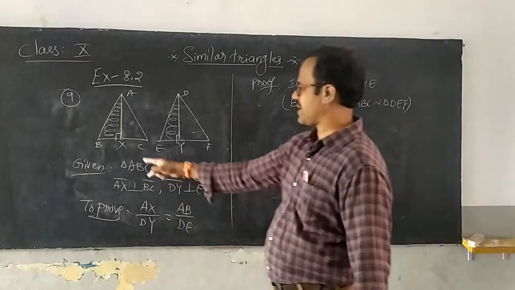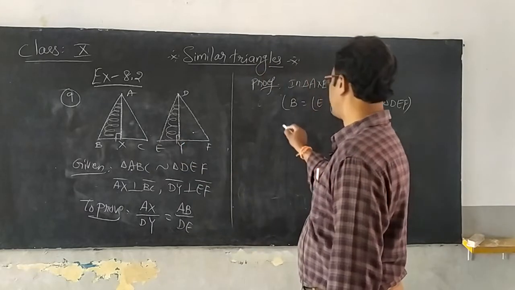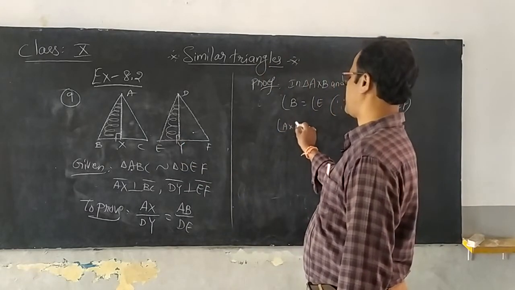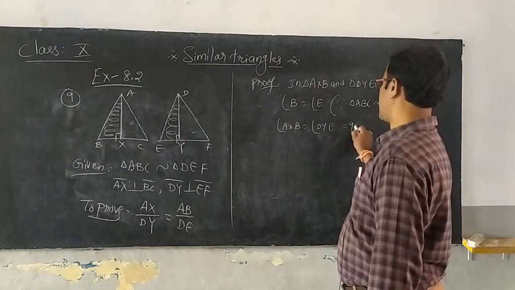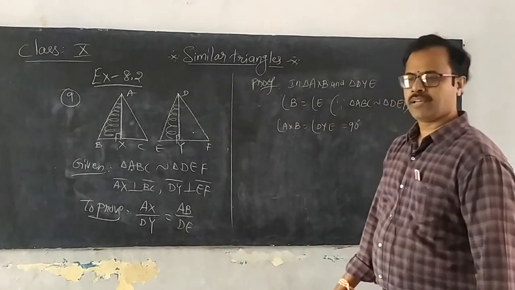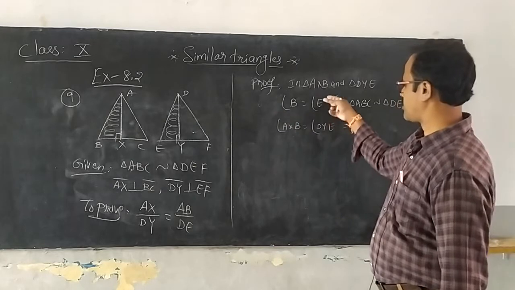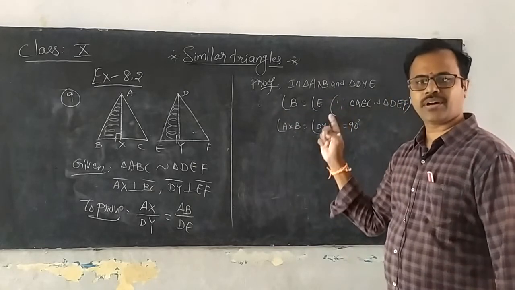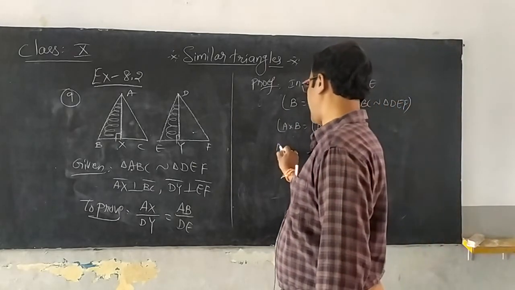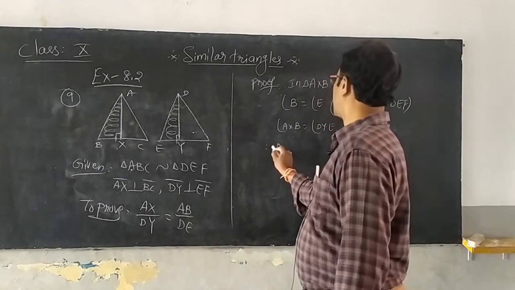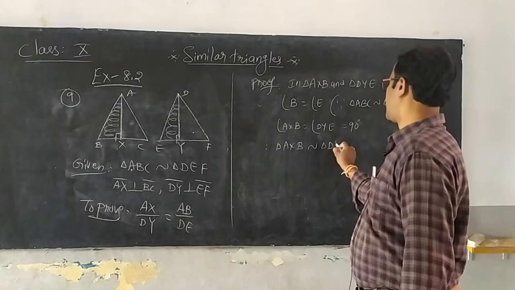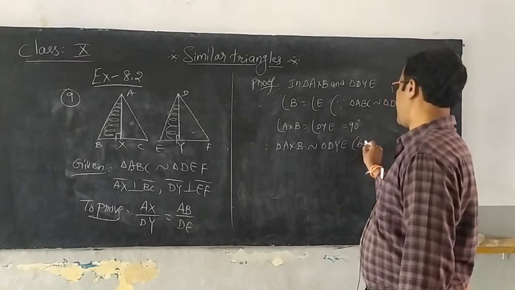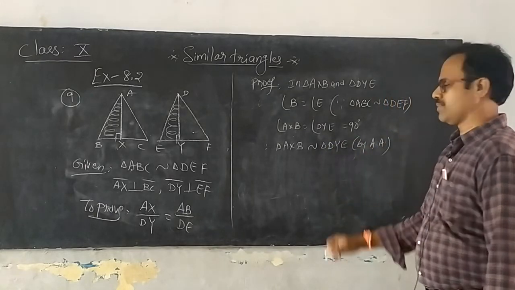Another one, I can say that angle AXB is equal to angle DYE, which is 90 degrees. So two angles of one triangle are equal to two angles of another triangle. Then they are similar. Therefore, triangle AXB is similar to triangle DYE by AA similarity.